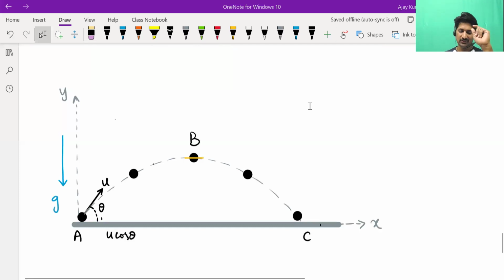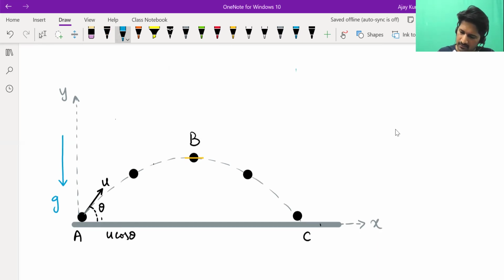Correct. So now we want the time it takes to go from B to C. What do we know about the object at point B? Anyone? Descent is from B to C. Okay.